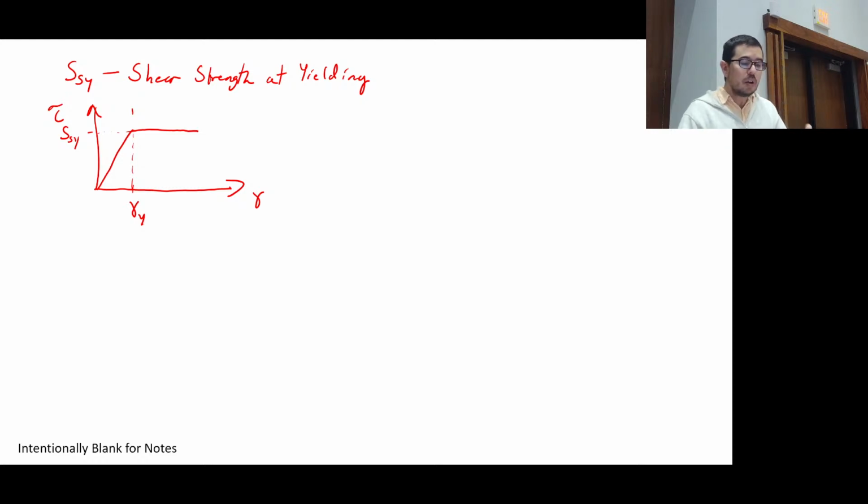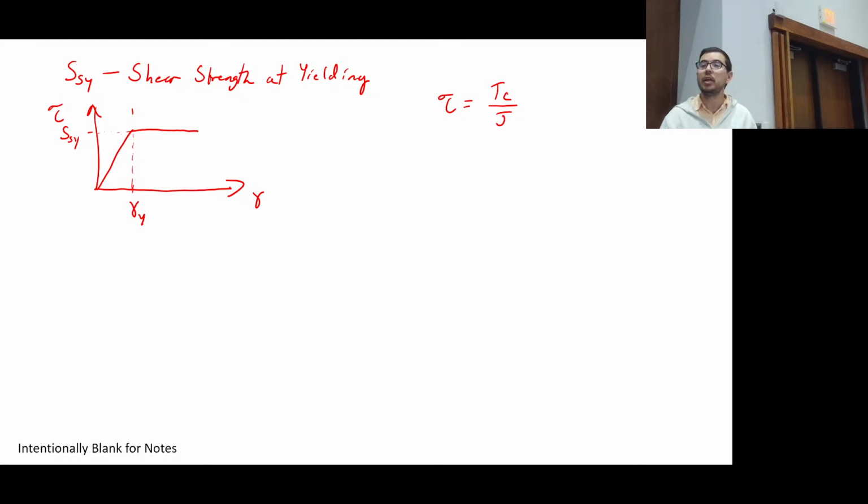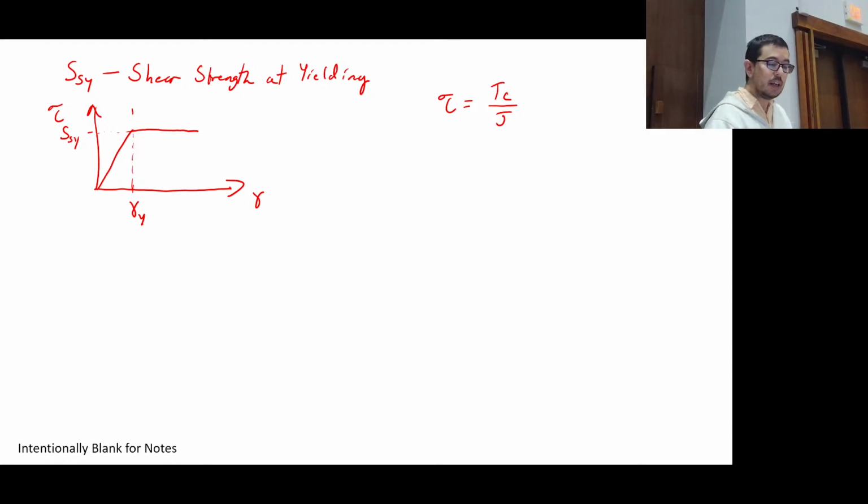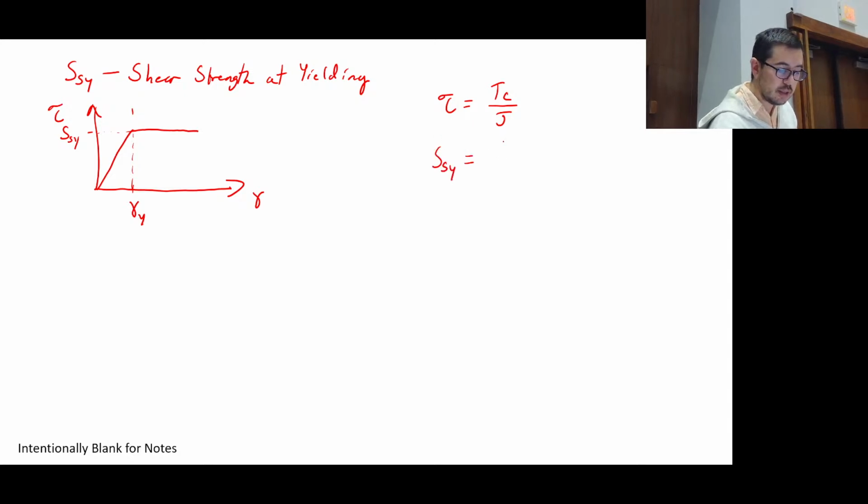So if we now plug in, or think about our torsion formula, all right, the TC over J, what are we looking at? We're looking at, hey, what is the maximum torque that would be associated with this SSY. So we look at this relationship, and this is tau max because I've used C there, right?